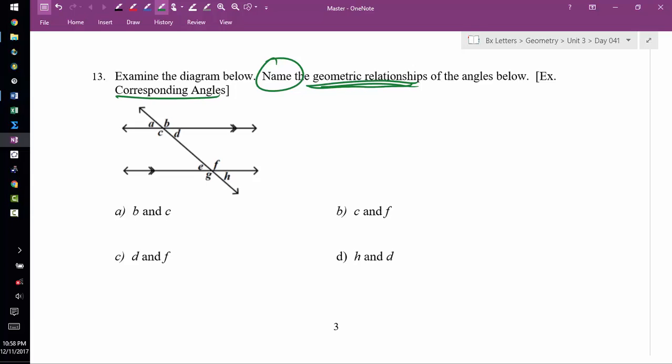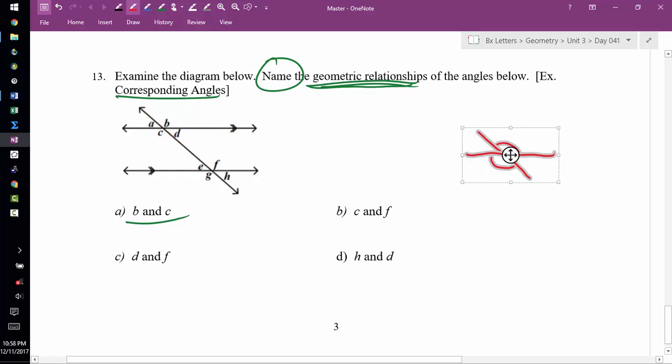So let's just go through these angles B and C, and we'll just talk about what they are. Angle B and angle C. Those angles are formed by intersecting lines, and they're kind of opposite each other.